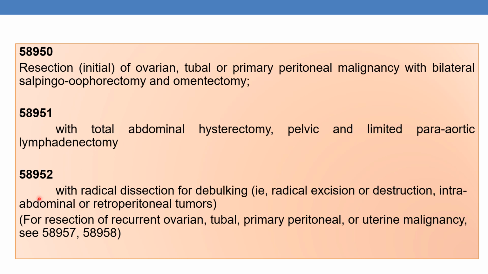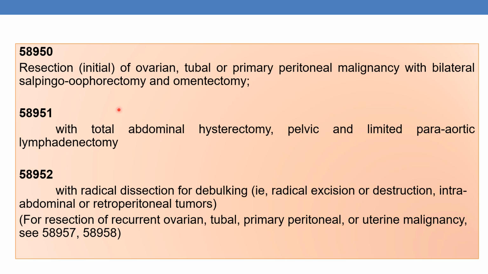Next is initial resection of ovarian, tubal or primary peritoneal malignancies with radical dissection for debulking. Example, radical excision or destruction of intra-abdominal or retroperitoneal tumors. The CPT is 58952.